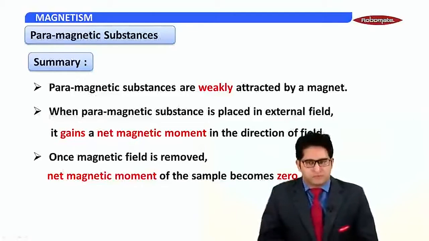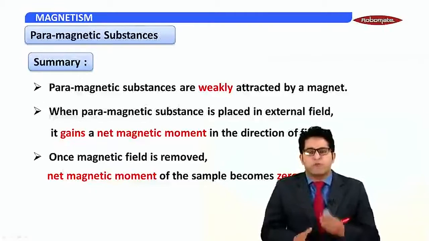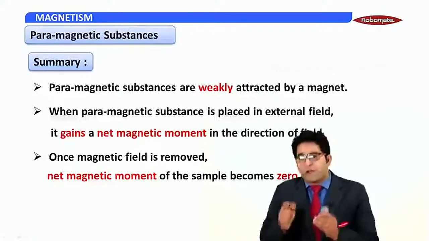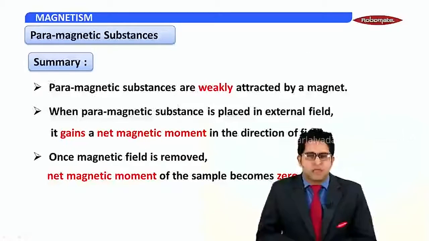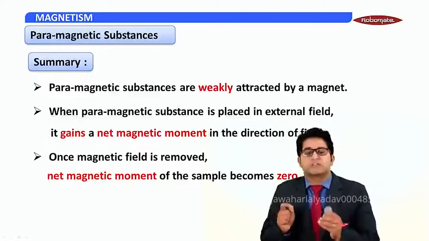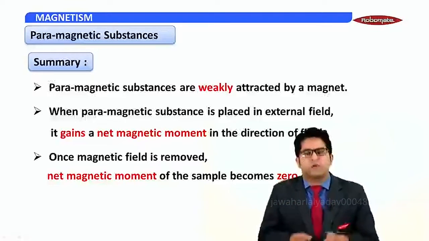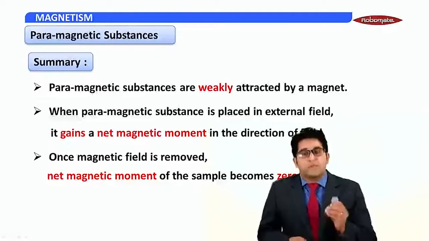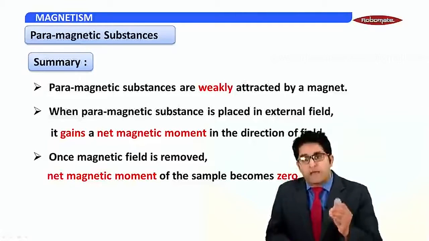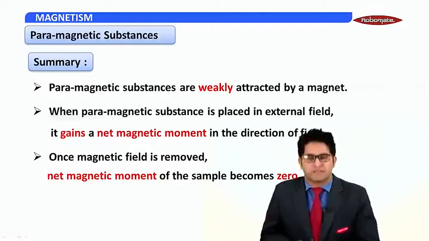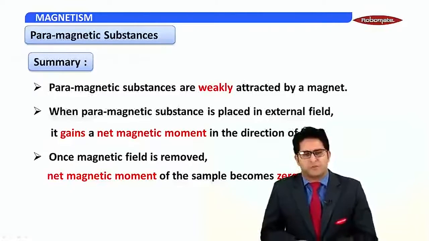So students, in this module we have focused on what paramagnetic substances are and how they behave in an external magnetic field. In the forthcoming module, we'll be learning about the properties of paramagnetic substances or materials. Till then, keep learning. Thank you.